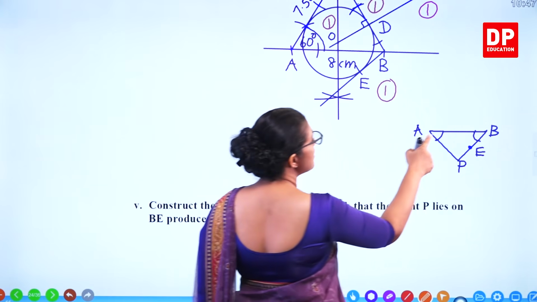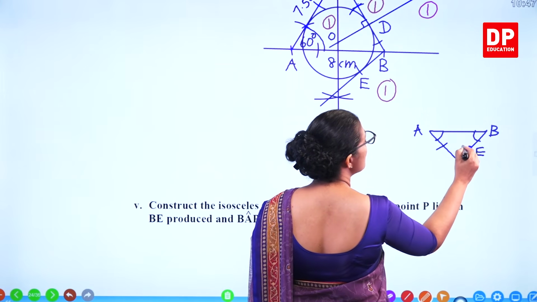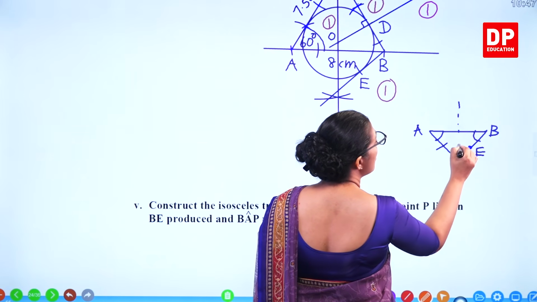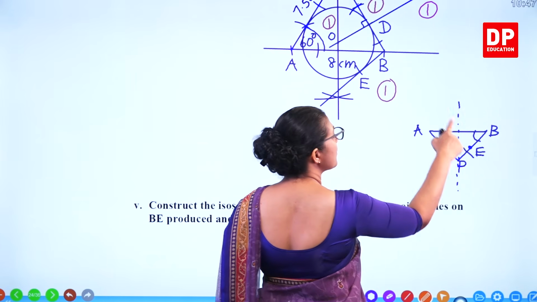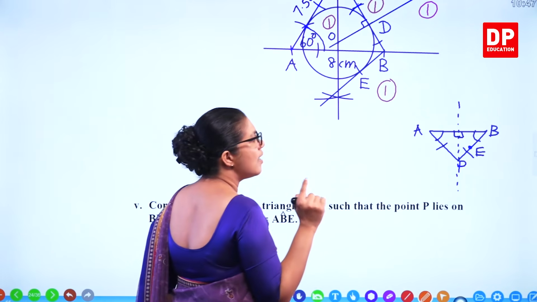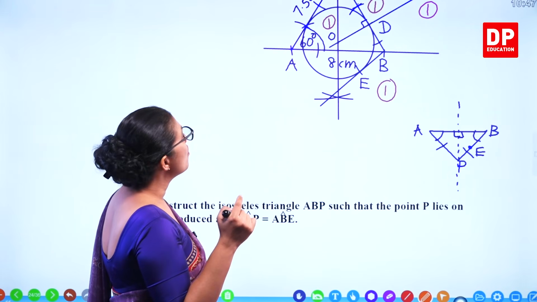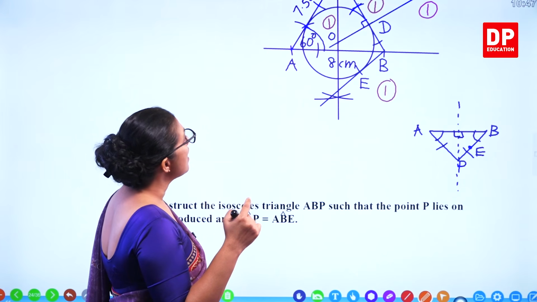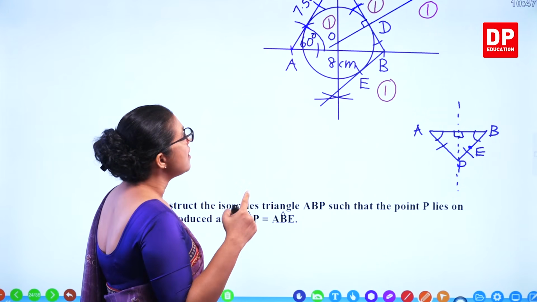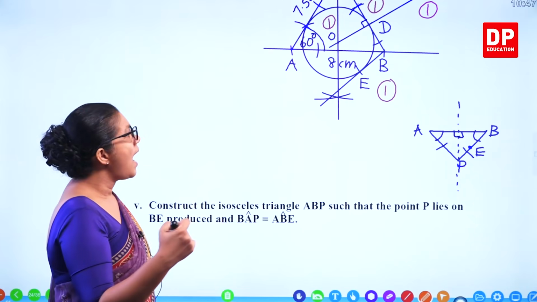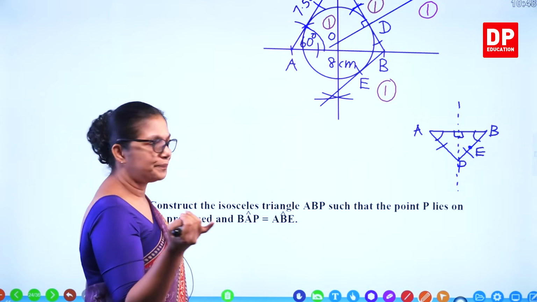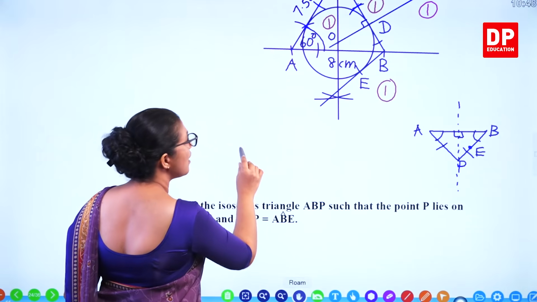If this is isosceles, this length is equal to this length. So we can draw a perpendicular bisector, then these two triangles are congruent. So we'll construct the AB bisector, and where that line and BE produced meet is P. So we'll do that part now.